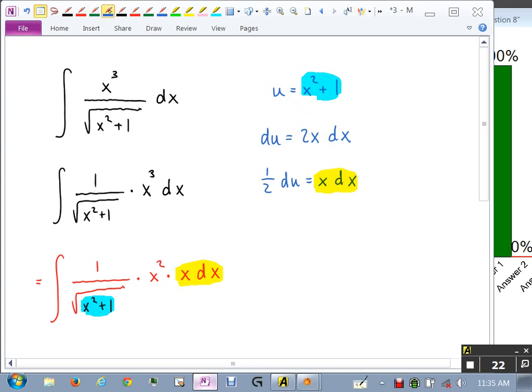That equation up here has x squared in it. So isolate x squared, wouldn't you get u minus 1 is x squared? And that's exactly what I'm trying to replace in here. This x squared can be replaced with whatever that x squared is. That's kind of clever, right? I mean, that's not as obvious as just your first basic substitution problem.